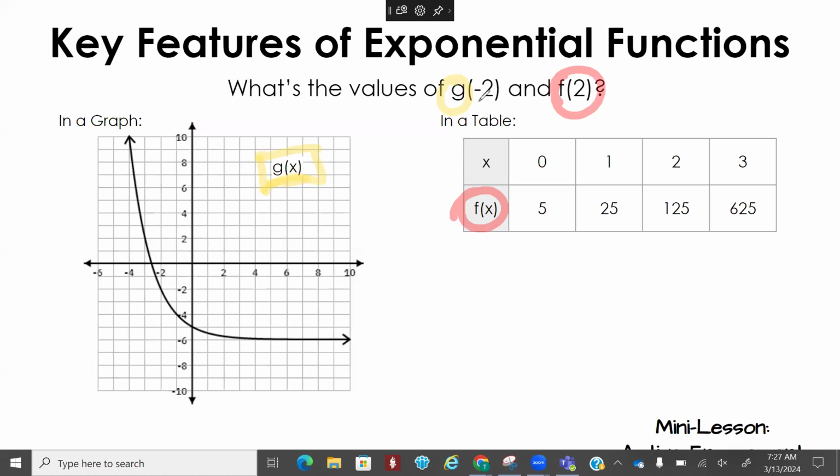If I'm looking at this, when x is -2, what's our y value? So we go over to -2, we go where the line meets. What's our y value? Okay, so g of -2 is -2.